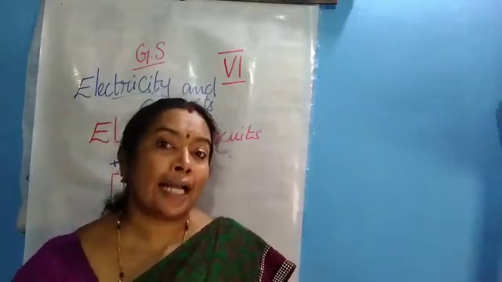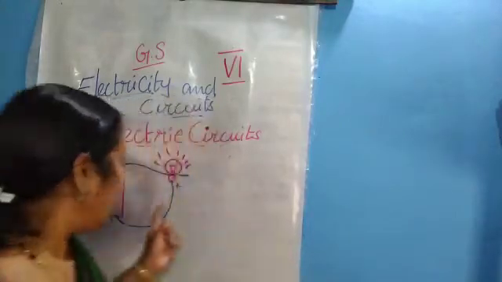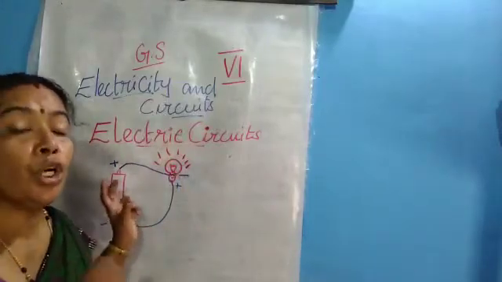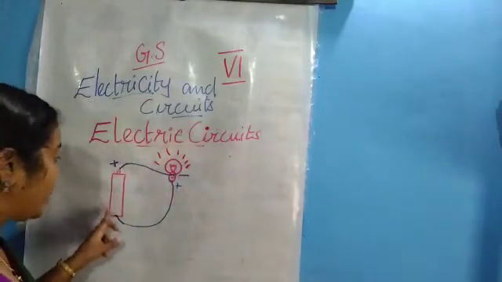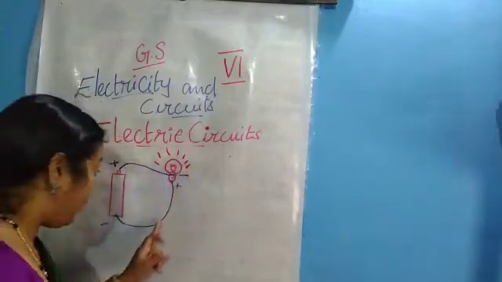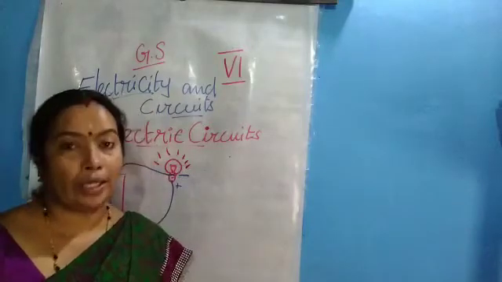From this, as a conclusion, we can say that the path along which the current flows from the electric source and reaches the electric appliance must be complete, and only then can the appliance work.